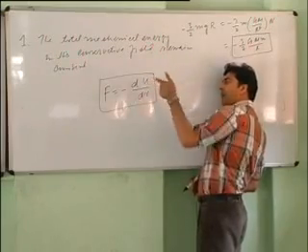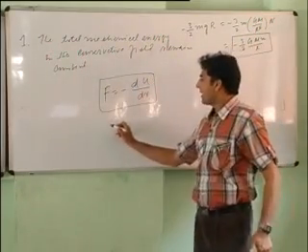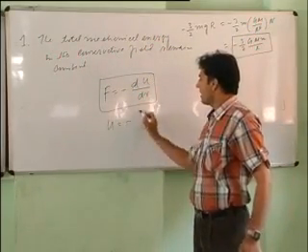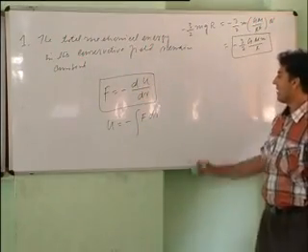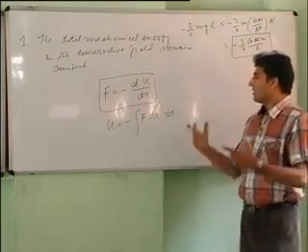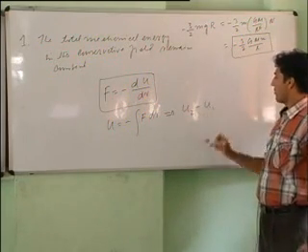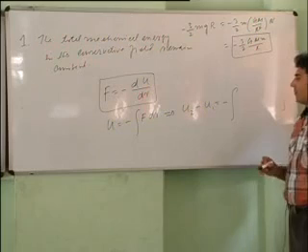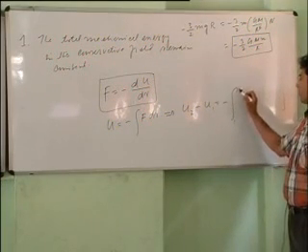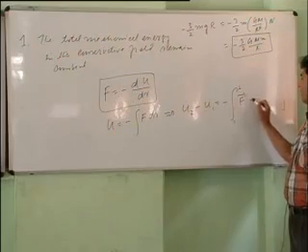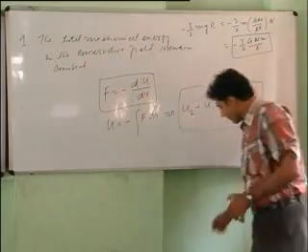So I can write U as a function of F. In other words, U is equal to minus integration of F. Or, in a more generalized manner, potential energy at position 2 minus potential energy at position 1 is equal to minus the integral from position 1 to position 2 of F dot dr. This is a more general formula which you must remember to solve problems.